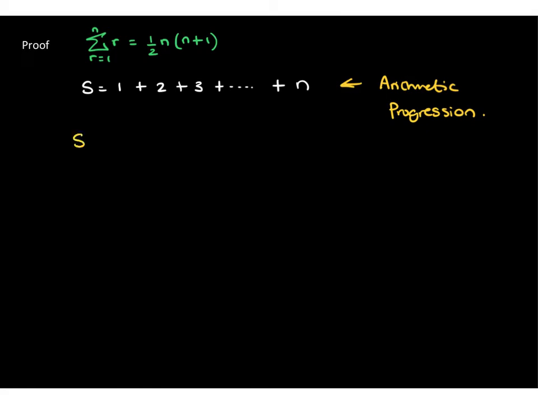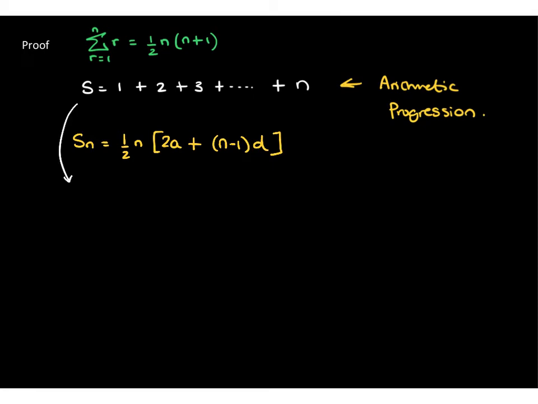Now, we know that the sum of n terms of an arithmetic series is given by the formula Sn equals half n 2a plus n minus 1 d, where d is the common difference and a is the first term. Now, you've proven this result previously. We're not going to prove it again. We're just going to make use of it.